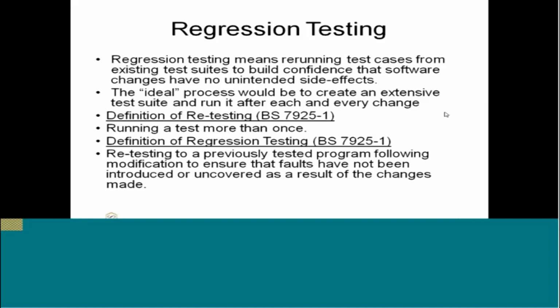A test suite is a set of test cases, test procedures, and test execution scripts on the test bed. While doing this, we get confidence that the software has some changes but doesn't have any unintended side effects. The ideal process would be to create an extensive test suite and run it after each and every change.